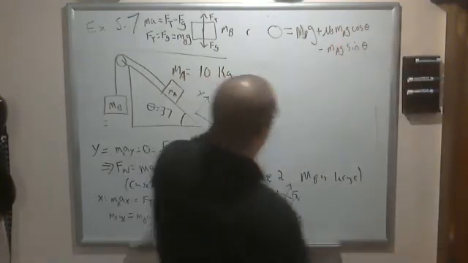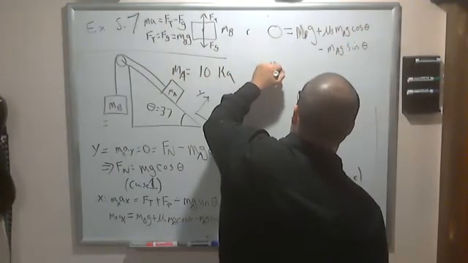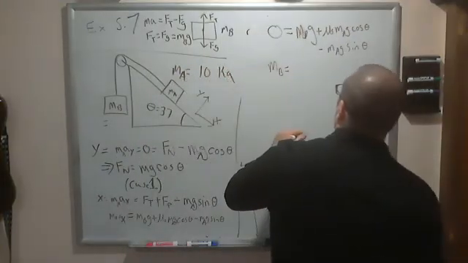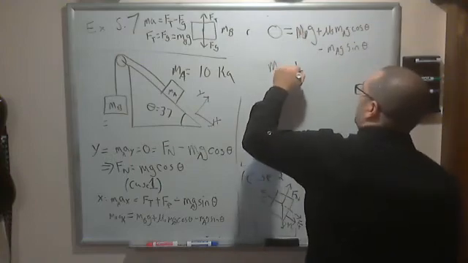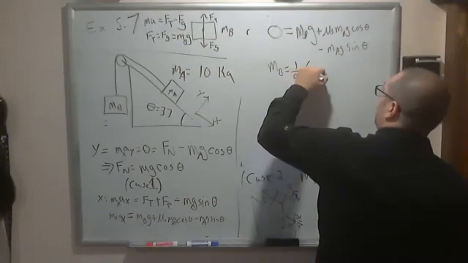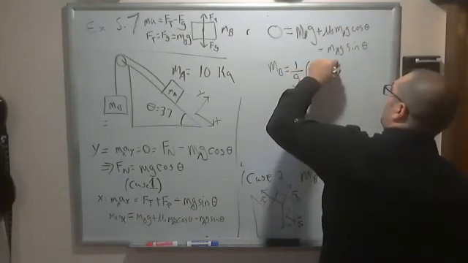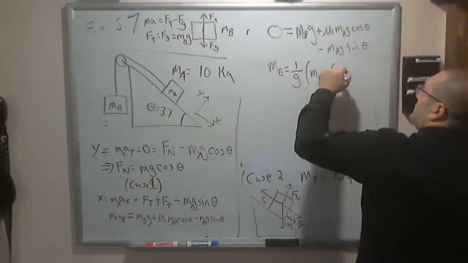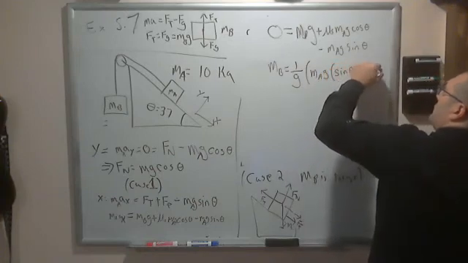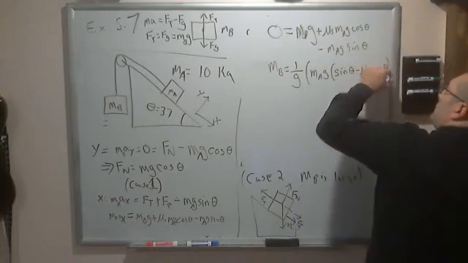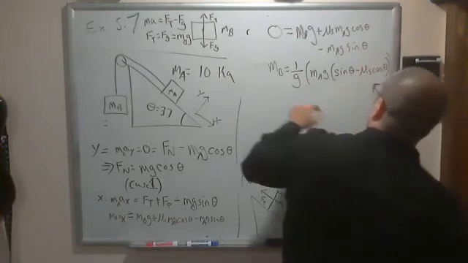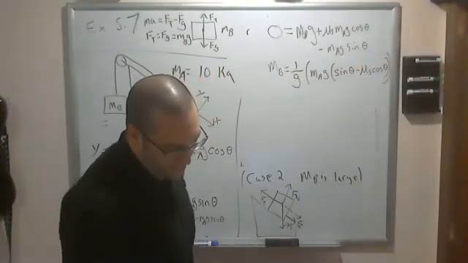And then if we're finding the mass, we bring that over, and then we can divide by g on both sides. And we're left with this. And then these two g's cancel out.